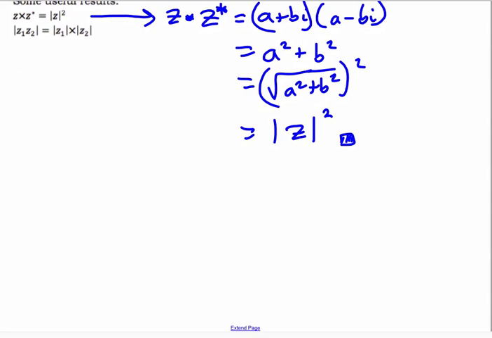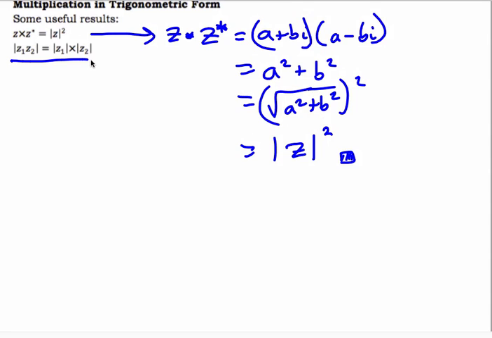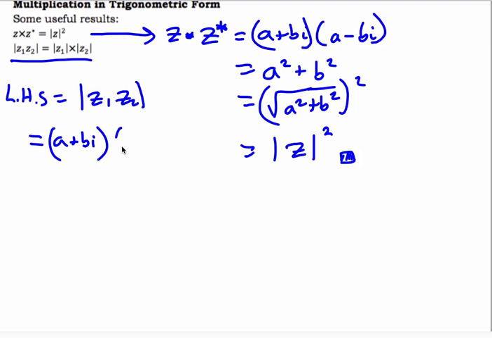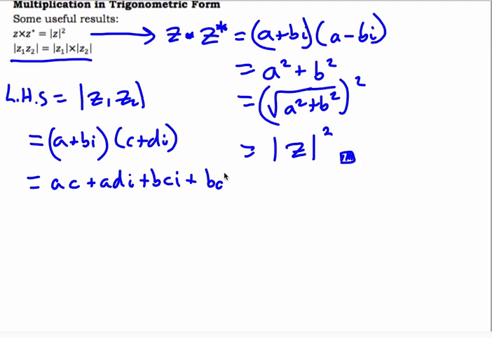Second one takes a little bit more work to prove. Let's start with the left-hand side. It equals the modulus of z1 z2, and we've got two different complex numbers, so let's call them a plus bi times c plus di, and distribute. We're going to get ac plus adi plus bci plus bdi squared.